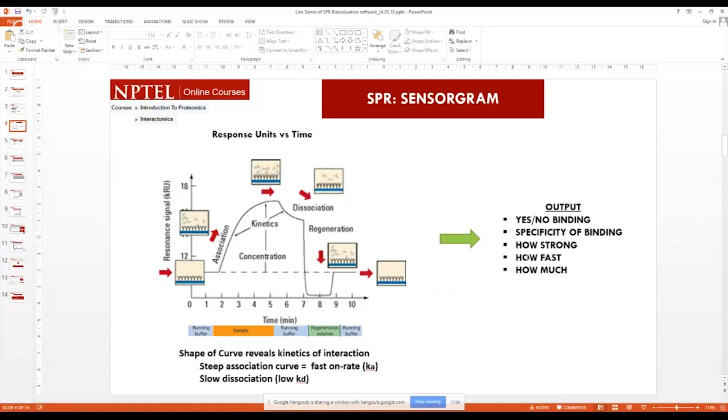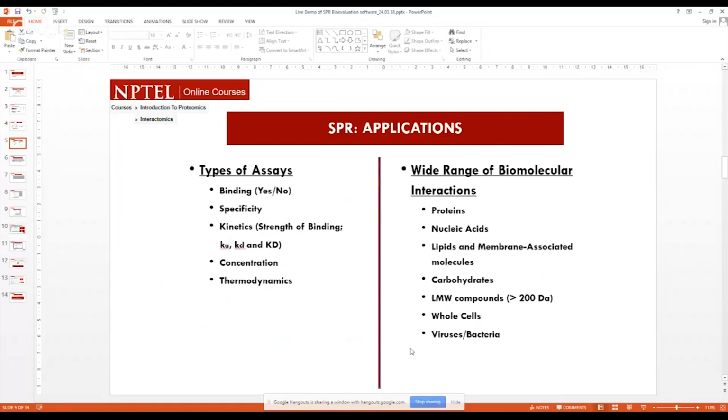So in our kinetics experiment today, we are going to mostly see how fast is the binding, and that will be revealed from your on rate and off rate constants, the Ka and the Kd. And these are the applications, as I said, the types of assays that can be performed with SPR.